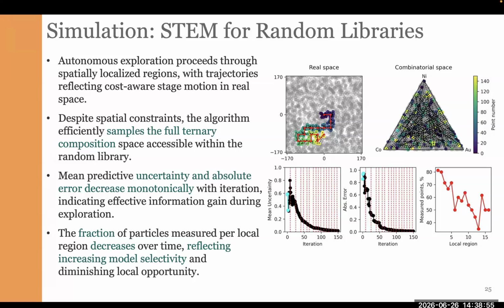You may see that this number decreases with ongoing exploration, which means that our algorithm becomes more and more selective. This actually is a reflection of the fact that with ongoing exploration, there is less and less blind spot within our combinatorial space, meaning that hunting some interesting or promising composition becomes a more and more challenging task.